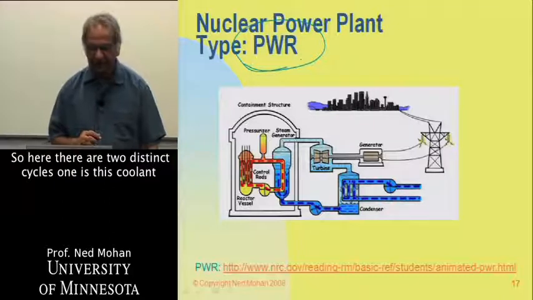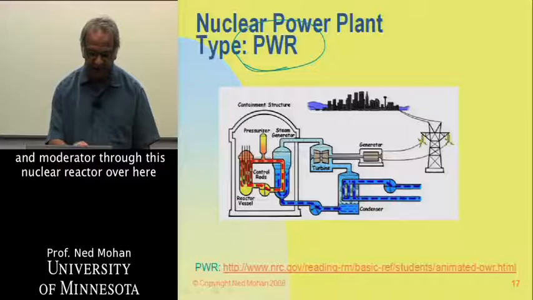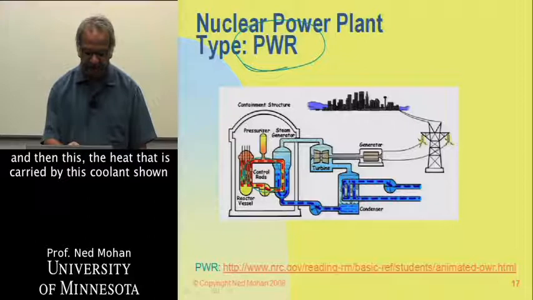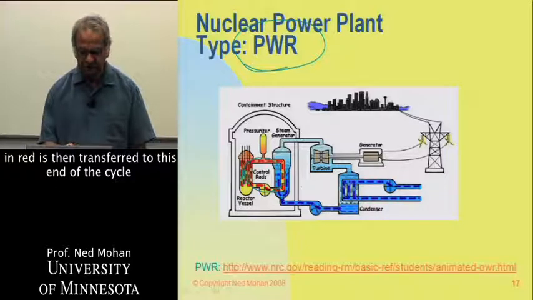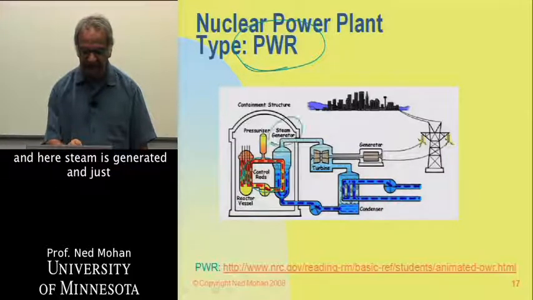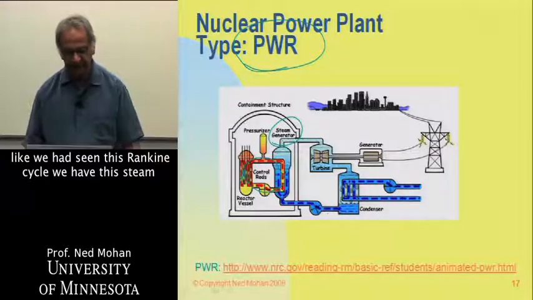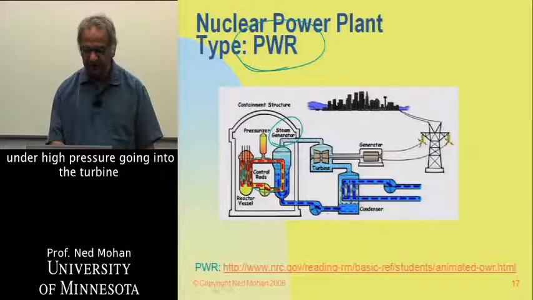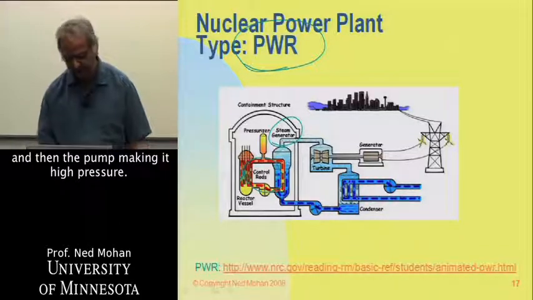Okay, so here there are 2 distinct cycles. One is this coolant and moderator through this nuclear reactor over here, and then the heat that is carried by this coolant, shown in red, is then transferred to this other cycle, and here steam is generated, and just like we had seen this Rankine cycle, we have this steam under high pressure going into the turbine, and then the condenser cooling it to water, and then the pump making it high pressure.